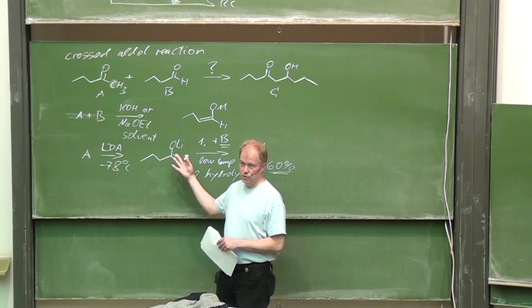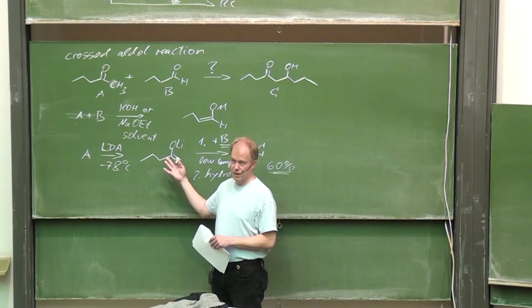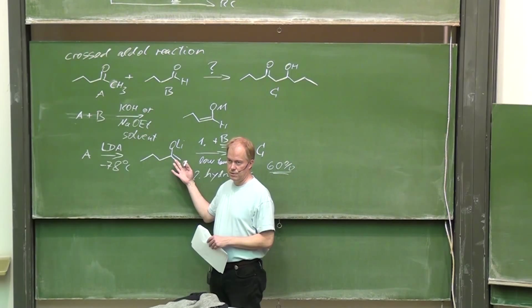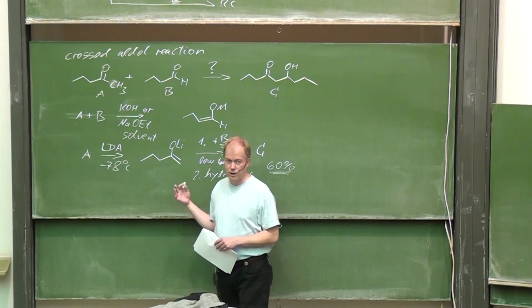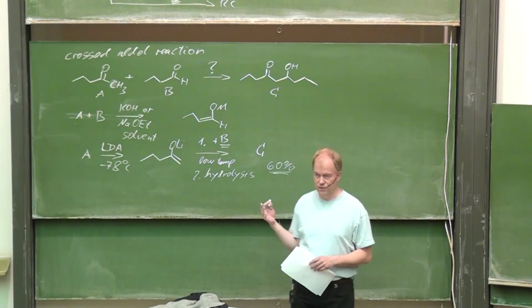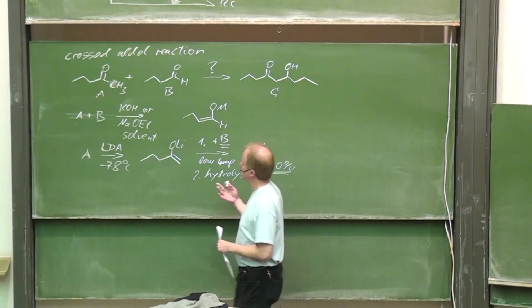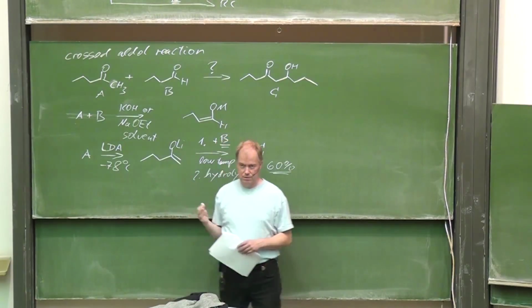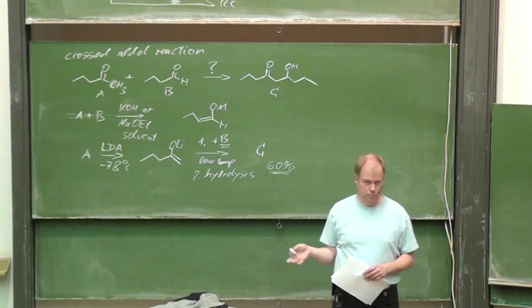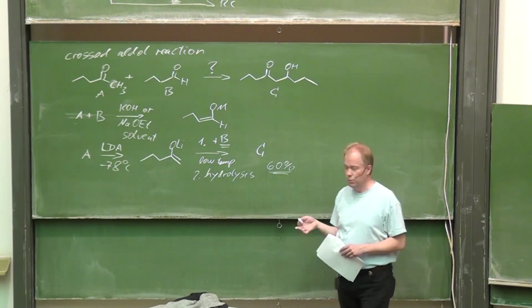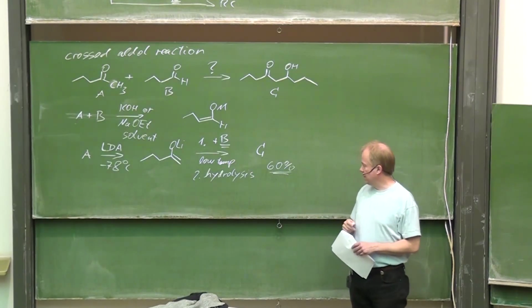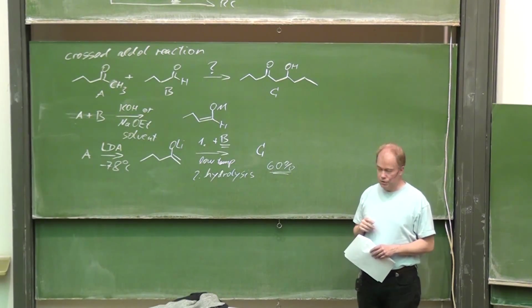Of course, this enolate is also a rather strong base. And instead of reacting as a nucleophile, it can also react as a base and then deprotonate to some extent B, getting the competing reaction. That's the main reason why we can't get above about 60%.